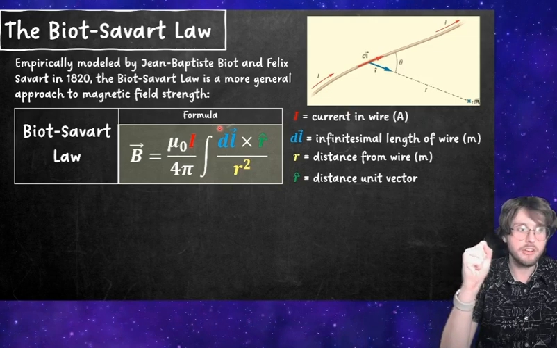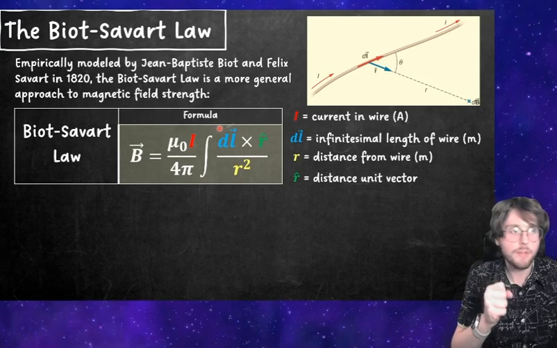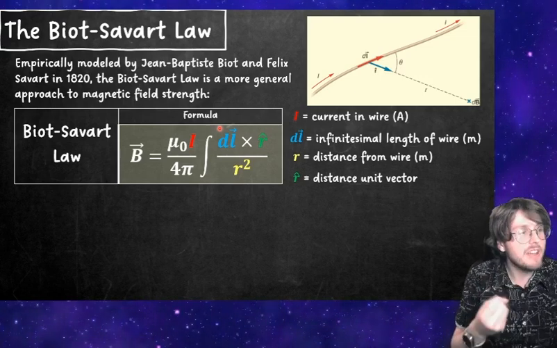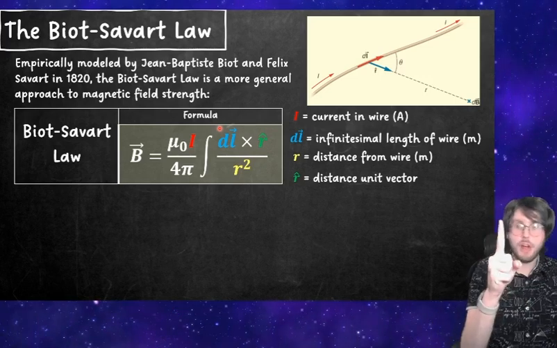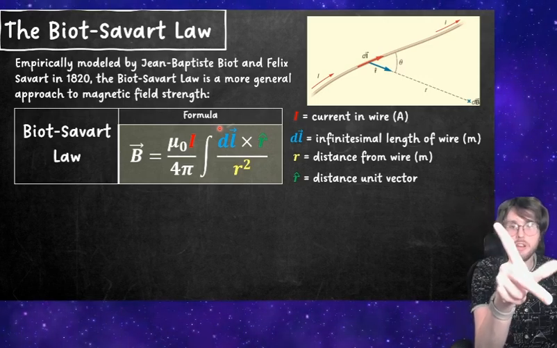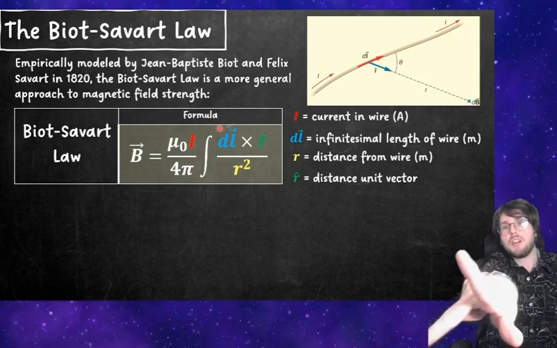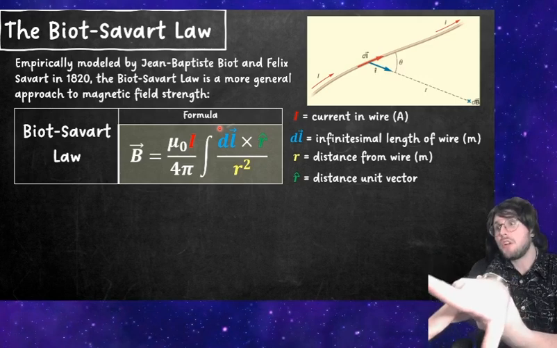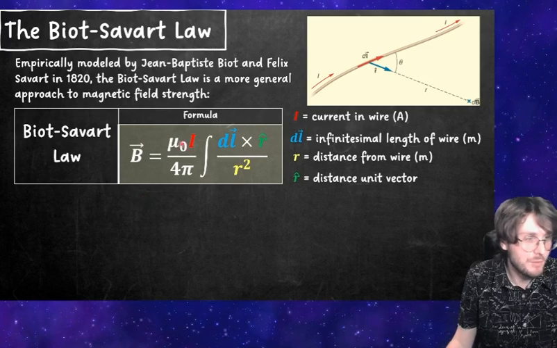So you get your right hand, and if we're looking at this picture up here with dl and R, the idea is that you align your index finger with the first term in the cross product, so that would be dl, off this way, and then you align your middle finger with the direction of R, the second term in the cross product, so that would be out this way, and then if you stick your thumb out, that gives you the final direction of the product at the end, which is magnetic field.